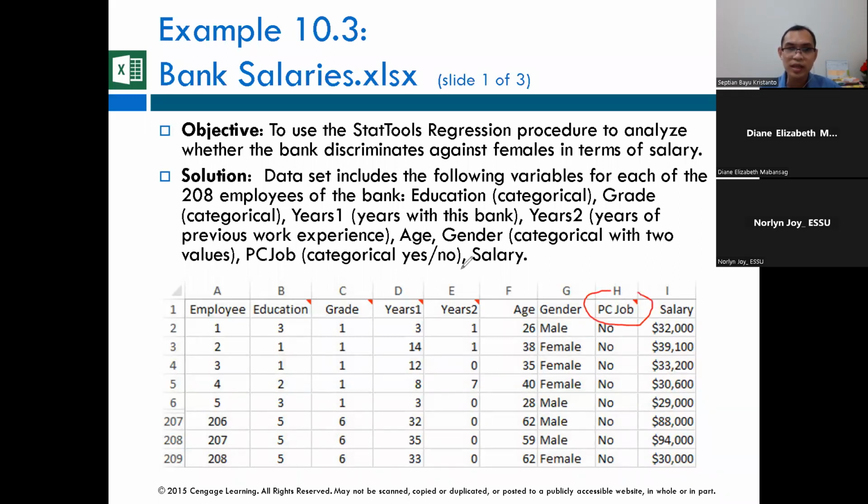It could be answered in two positions, yes or no. You can classify yes as one and no as zero, or the opposite. And also we have gender, because we have the categories male or female. That is the kind of combination using the dummy variable in our data. So we can include this qualitative data in our analysis as quantitative data.